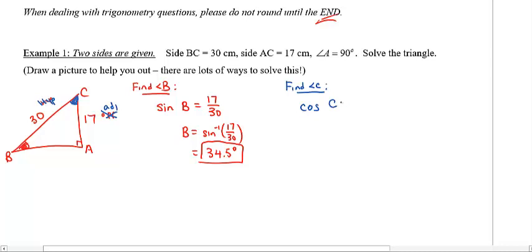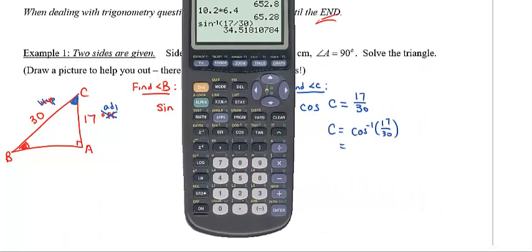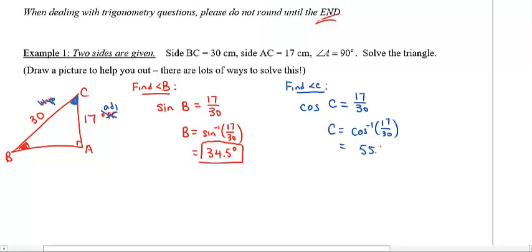So cosine of C now equals 17 over 30. Notice I'm using the same information that I've been given. And C is the inverse cosine of 17 over 30, which on the calculator is 55.5 degrees.